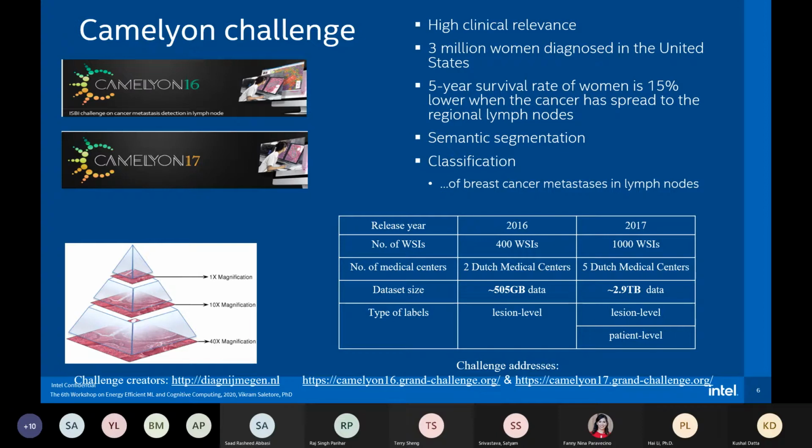So early detection, semantic segmentation, and classification can help. These are whole slide images, large images at different magnifications from 1x all the way to 40x, and the data sets are publicly available.